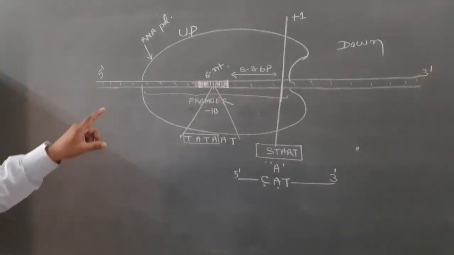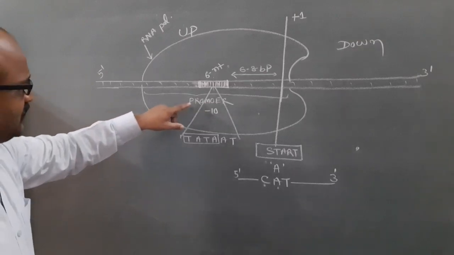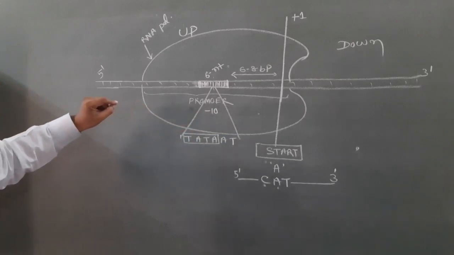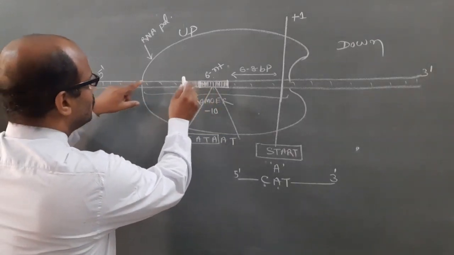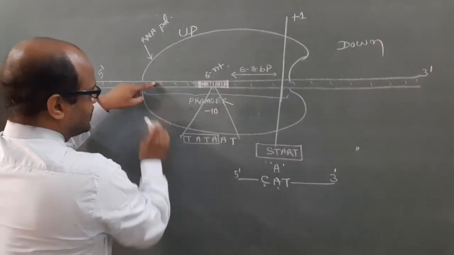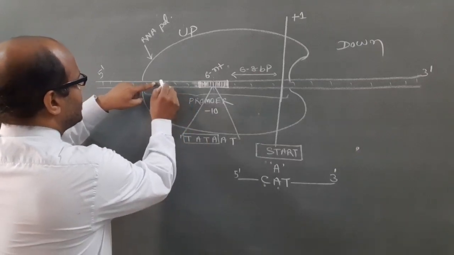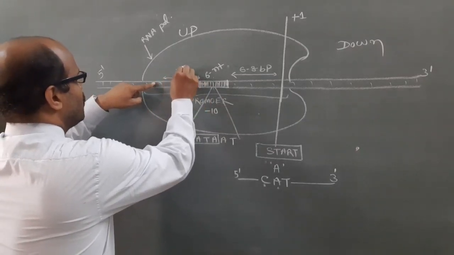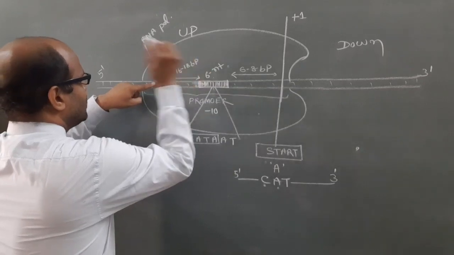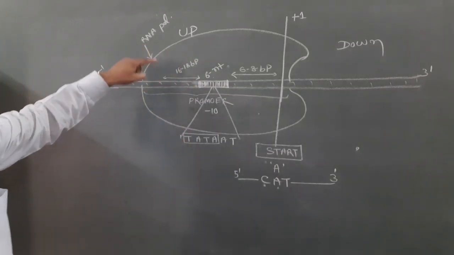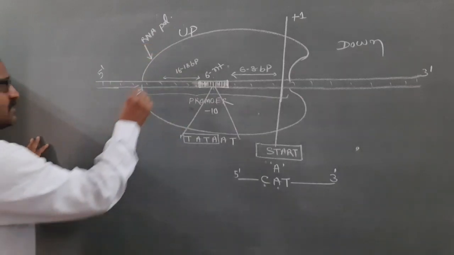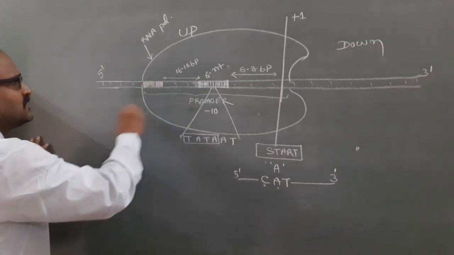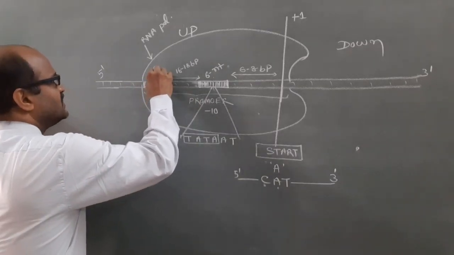Okay. So again, about 16 to 18 base pairs' distance upstream of the TATA box, from this -10 element, there is another special sequence, and this sequence is also composed of 6 nucleotides.